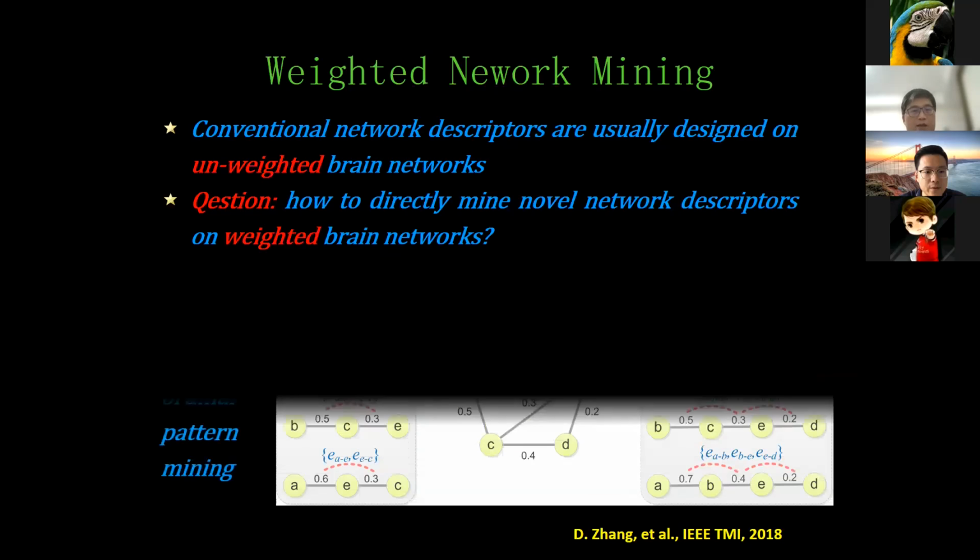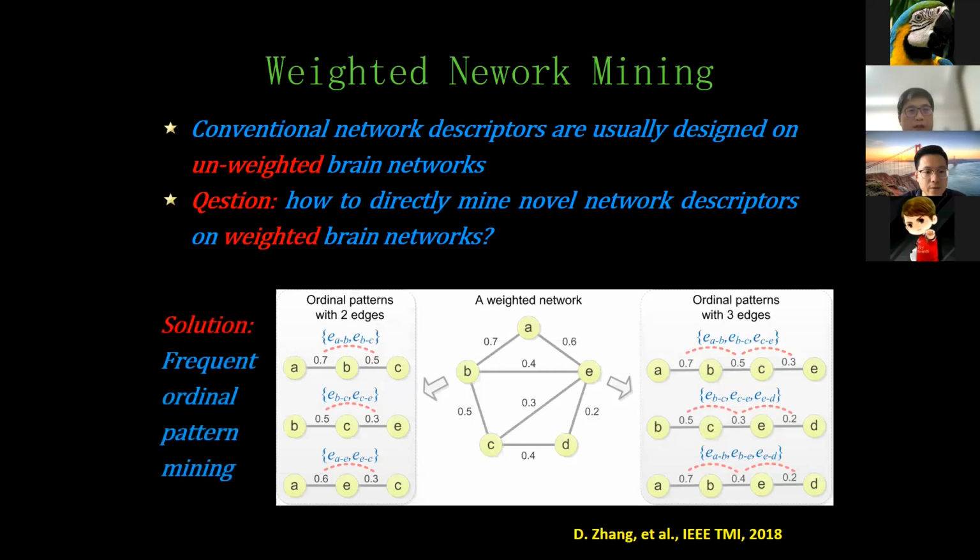And finally, we also proposed a method to construct the weighted network and directly mine the weighted network. So here we proposed a frequent ordinal pattern. For example, in this figure, in the middle part, we consider AB and BC.